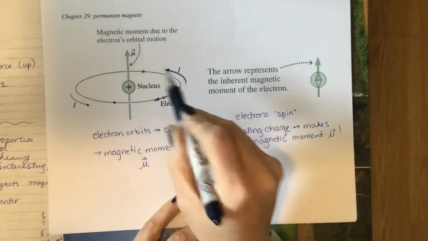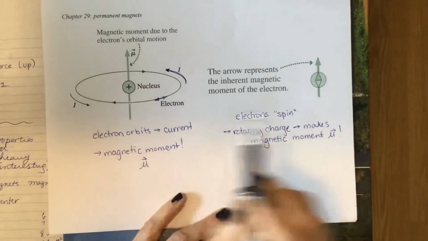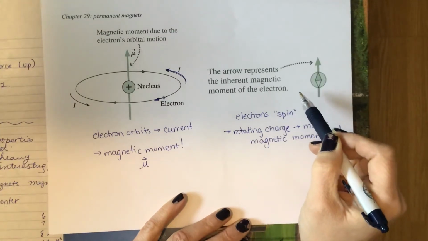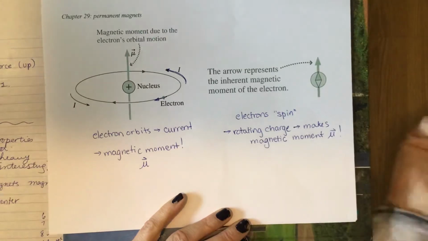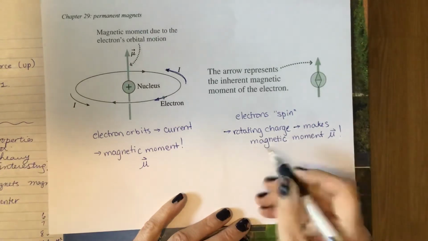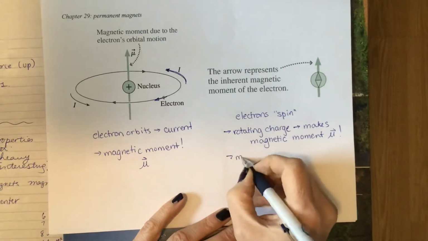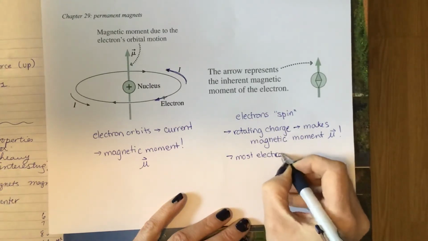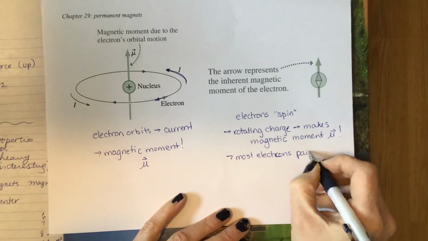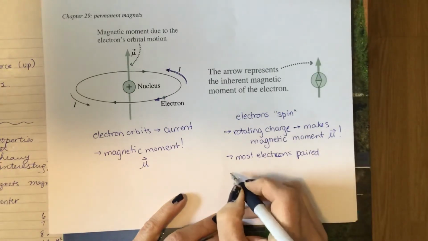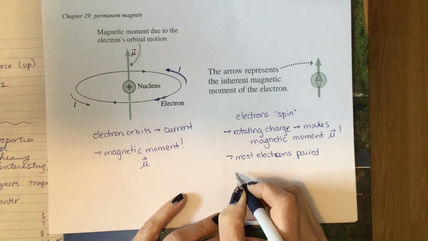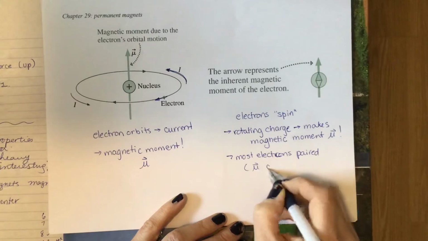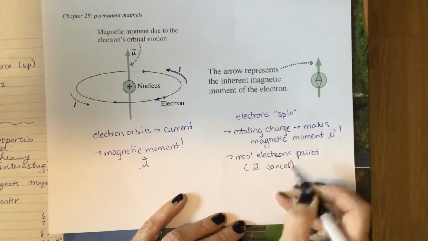So our electron going around the nucleus produces a magnetic moment, and the electron spinning around by itself also makes a magnetic moment. Now we know that in most atoms all the electrons are paired. It's probably something you studied in a chemistry class. But if we say most of them are paired, and that means that the moments cancel, it means that not all of them are paired.